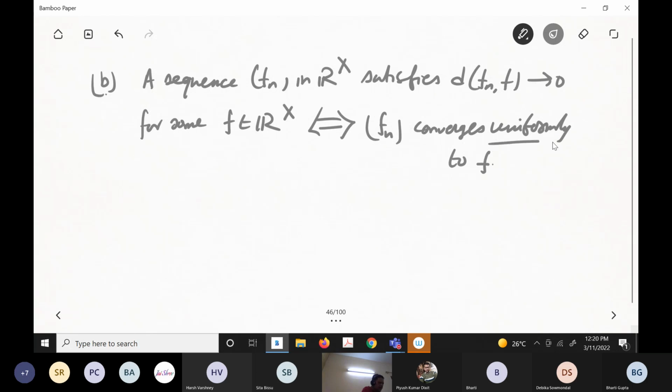So uniform convergence we can tackle in terms of the metric also.